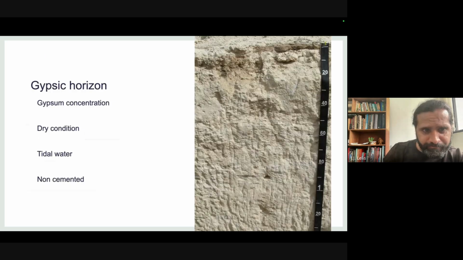coesic horizon. The gypsic horizon, now we have some concentration of gypsum. We also have this gypsic horizon in the soil taxonomy, and we express the concentration of gypsum the same way. It's because of the dry conditions that concentrate calcium sulfate, tidal water that could be enriched in calcium sulfate, and this horizon is not cemented.